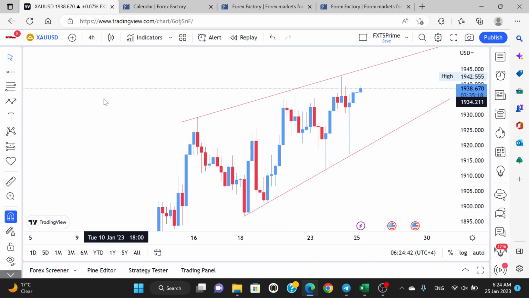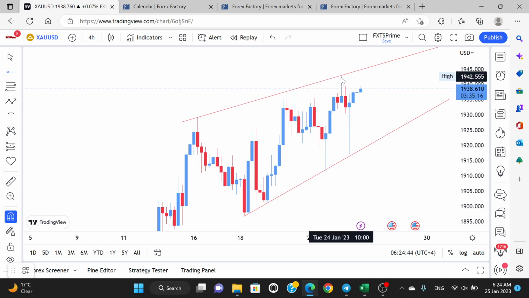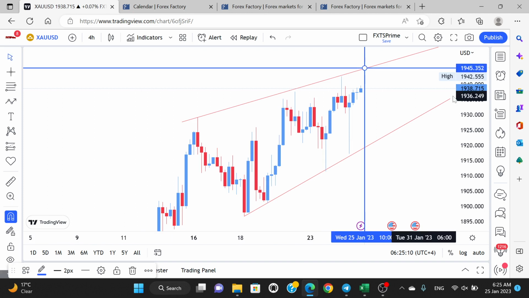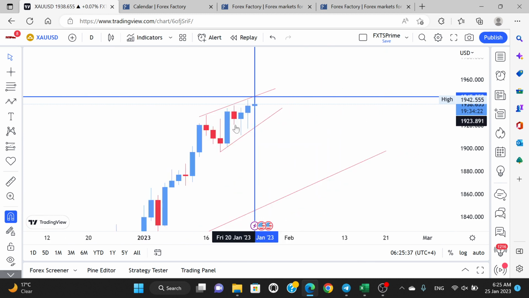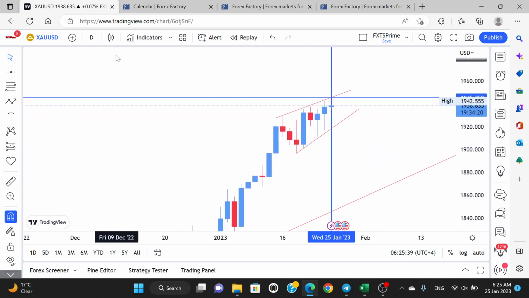Again, today, if the price reaches 1945, we're going to sell from that area, and I believe that will be the last sell. Otherwise, if the price continues up, we will be having minimum stop loss. Our stop loss should be around $2 to $3 maximum on the lower time frame.